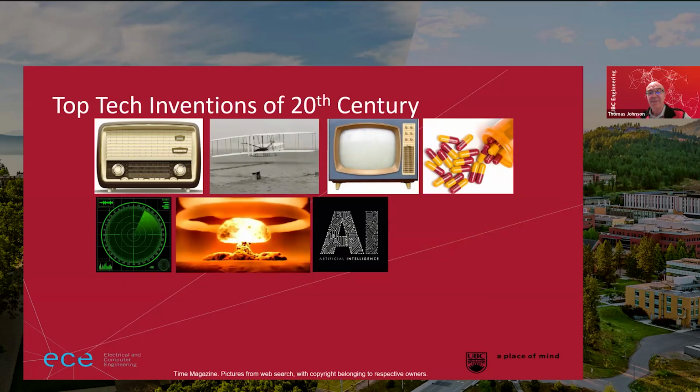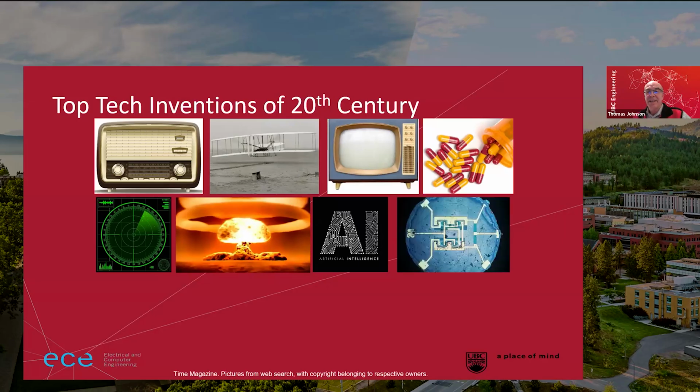Then we come into artificial intelligence, and quite surprisingly, some of the earliest work on this does even go back to the 40s and 50s. And of course, it's a very big area these days. Chips, integrated circuit. You're sort of now looking around the late 1950s, early 1960s.